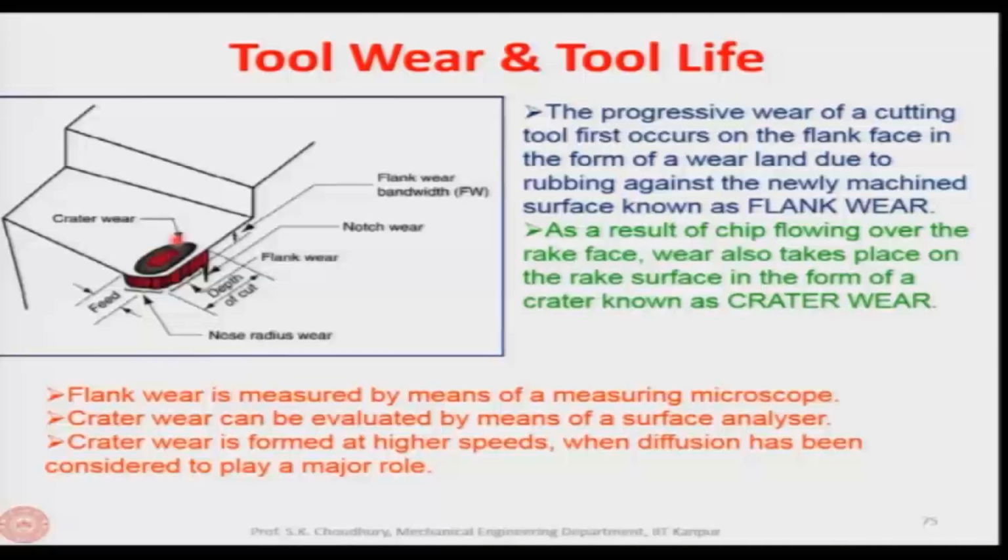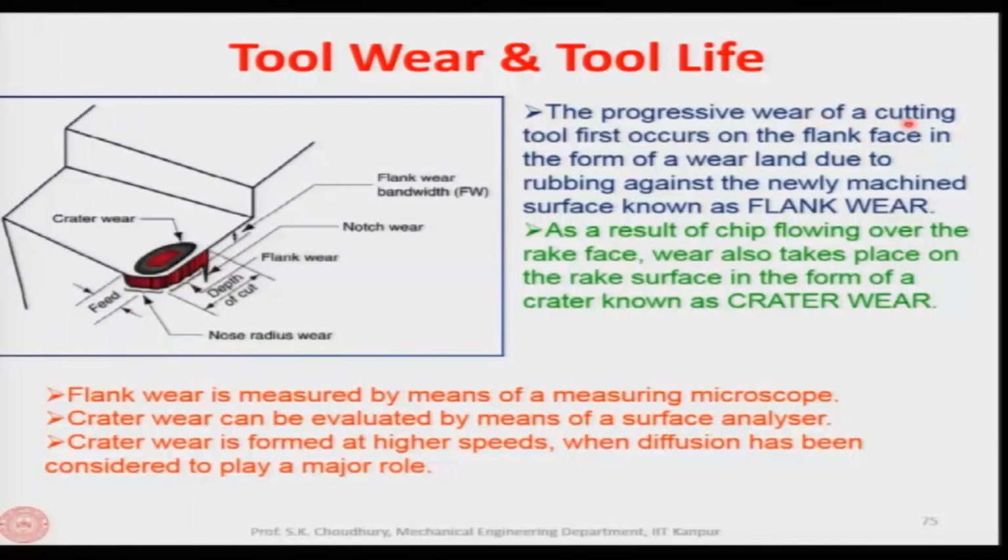Now, how does the tool wear out? As I said, chips are moving continuously over the rake face of the tool, so there is wear at the rake face, and the flank face is in continuous touch with the already machined surface, so there is wear.